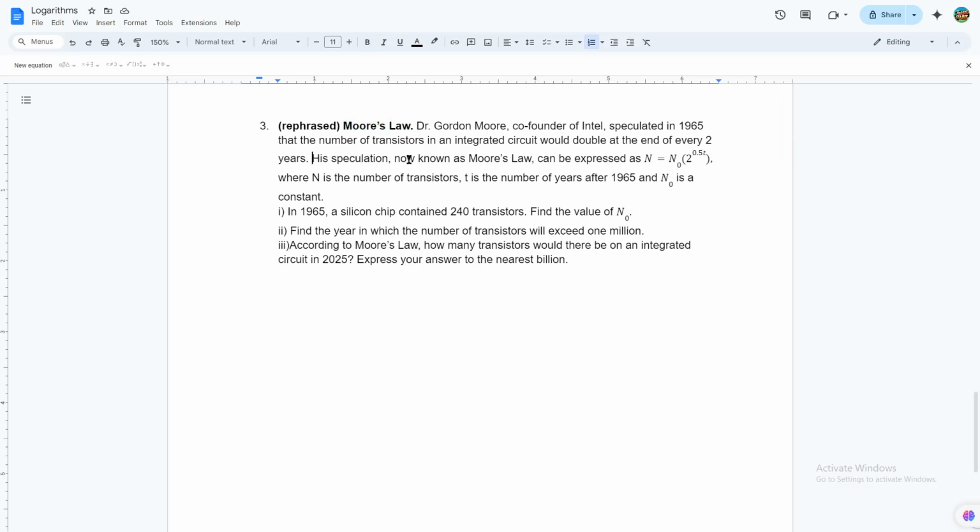His speculation, now known as Moore's law, can be expressed as n equals n0 bracket 2 to the power of 0.5t close bracket, where n is the number of transistors, t is the number of years after 1965, and n0 is a constant. In 1965, a silicon chip contained 240 transistors. Find the value of n0.